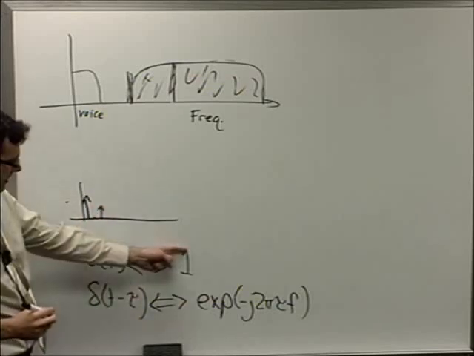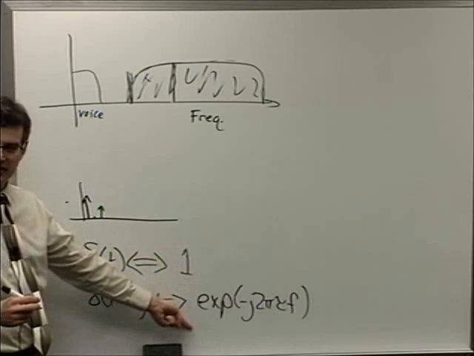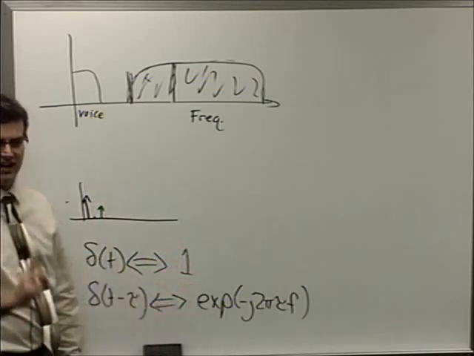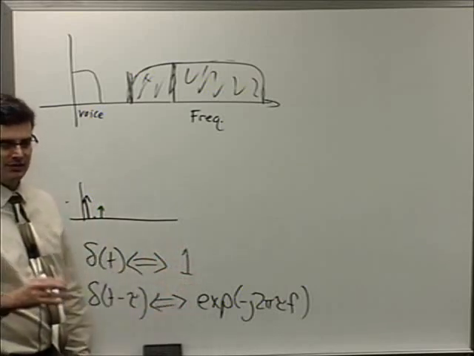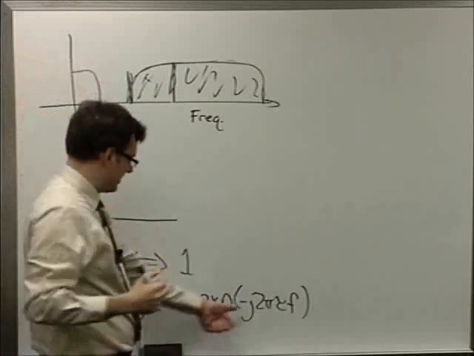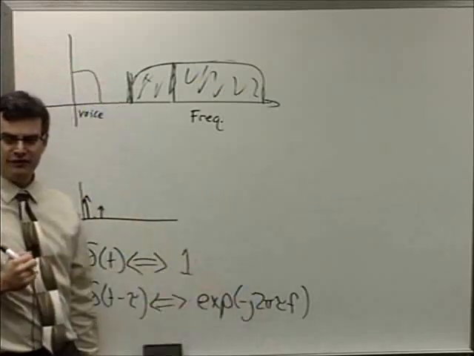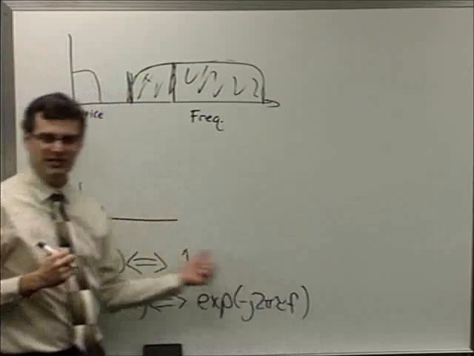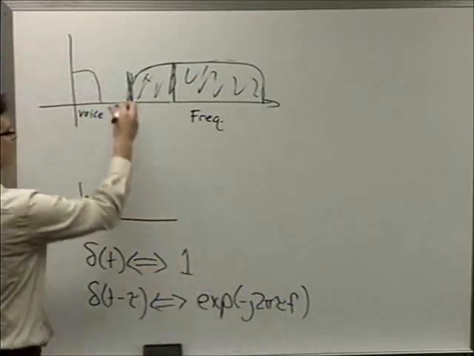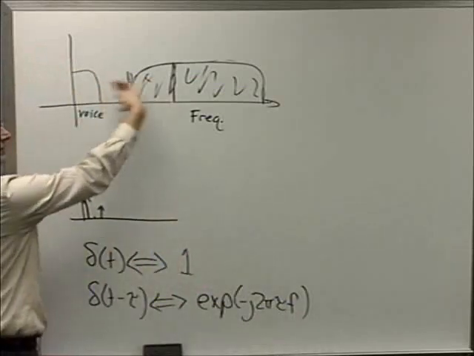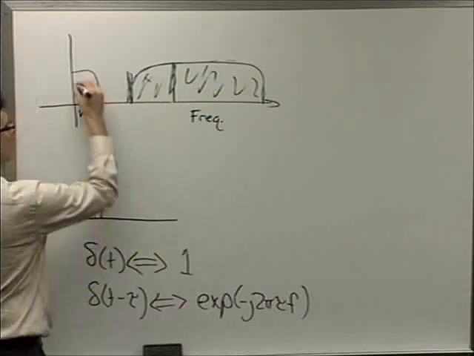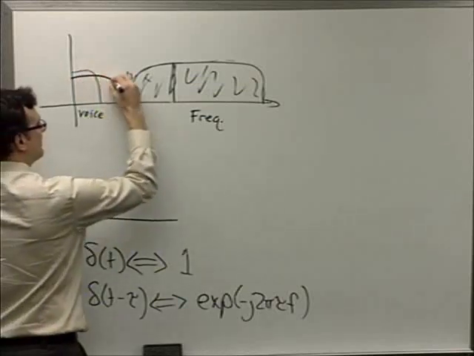Because 1 plus this complex exponential is not constant in amplitude. Sometimes they constructively interfere. When this is kind of real, it'll constructively interfere with this. When this is real and negative, it'll destructively interfere with this. So if you look at the frequency response of the channel that this signal would go through, you would see something kind of like this.